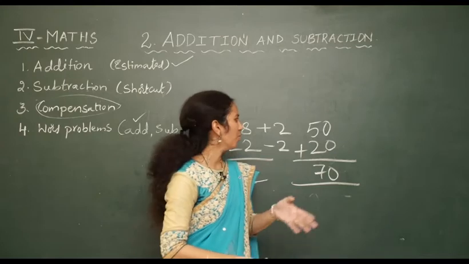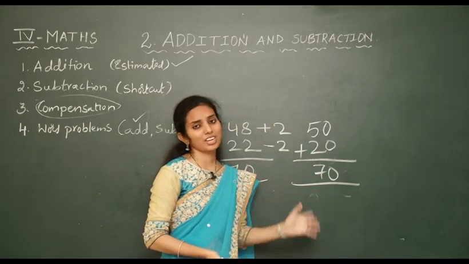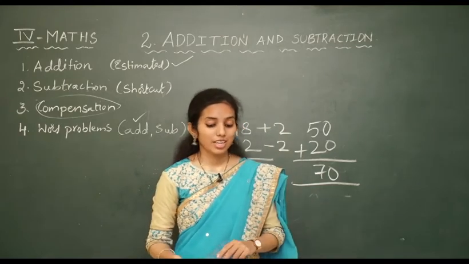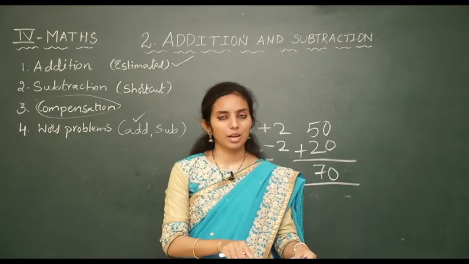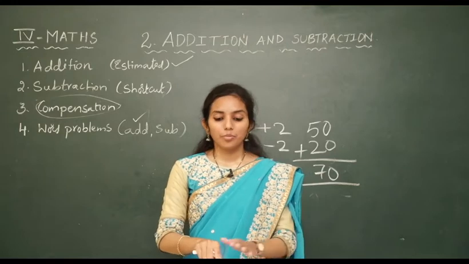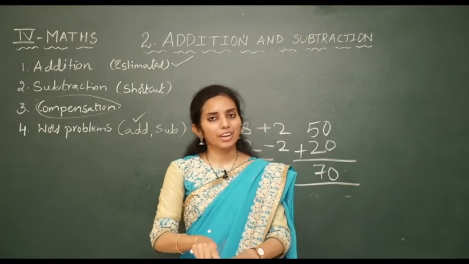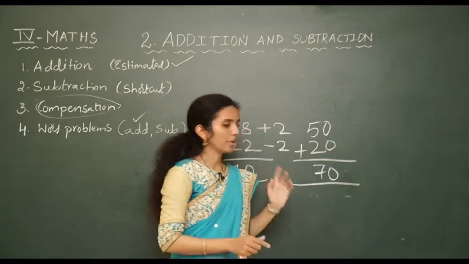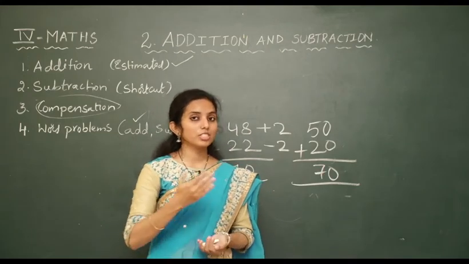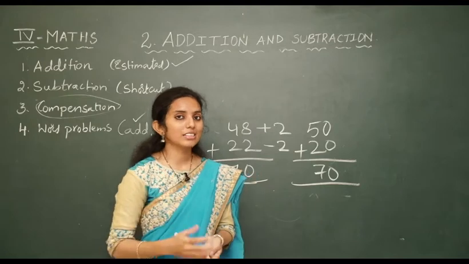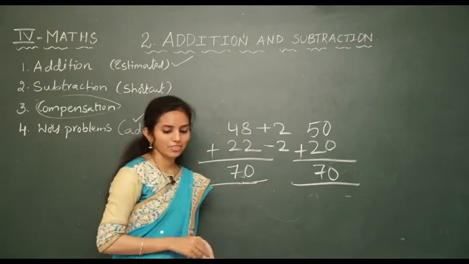So why do we need to do this addition and subtraction? Yes, there is a logic behind it. When we add or subtract big numbers, making them round figures is very easy rather than performing the calculation like this. How much we have to add and how much we have to subtract depends upon the numbers we are given.